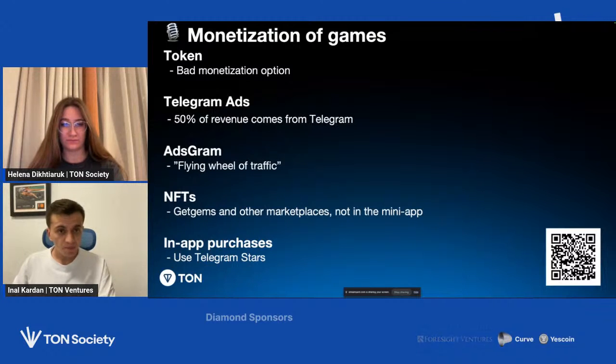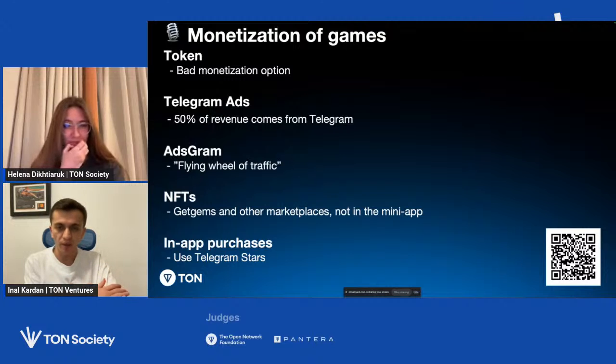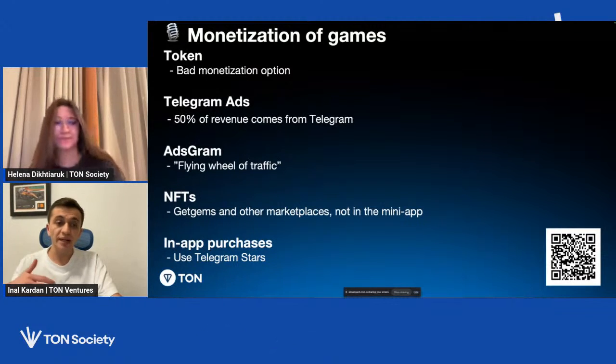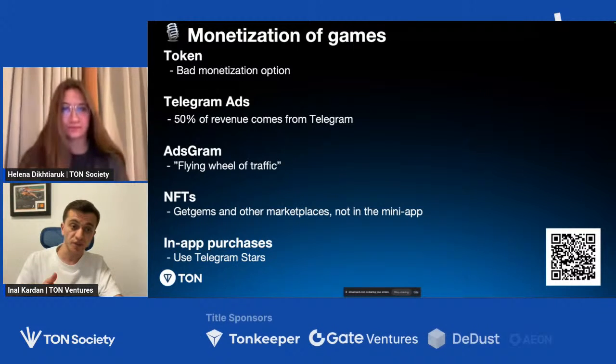Last, but not least, in-app purchases with Telegram Stars. There is a QR code in the bottom corner of the slide. The QR leads to a thread by TON Ventures on X, on Twitter, where we describe what you can and cannot do with crypto versus Stars.